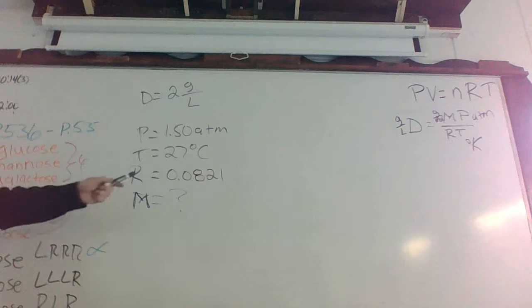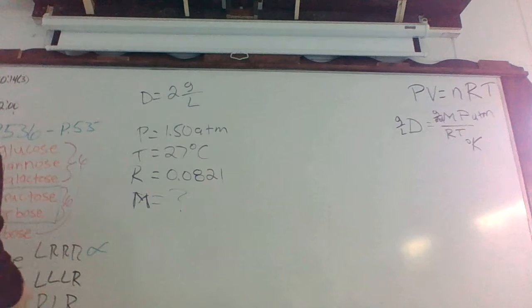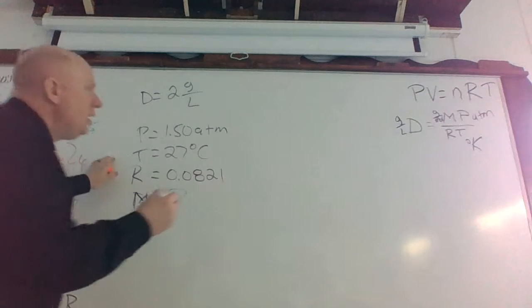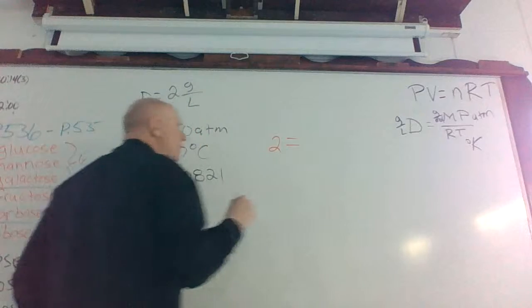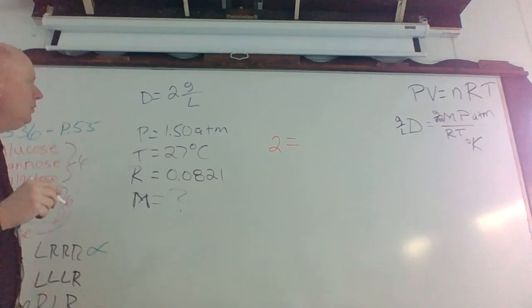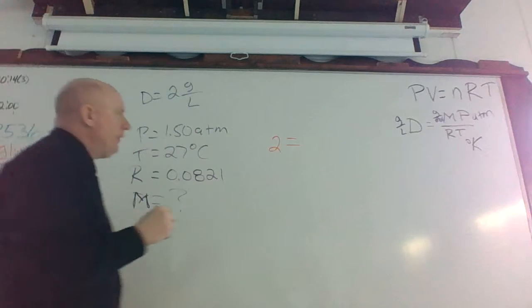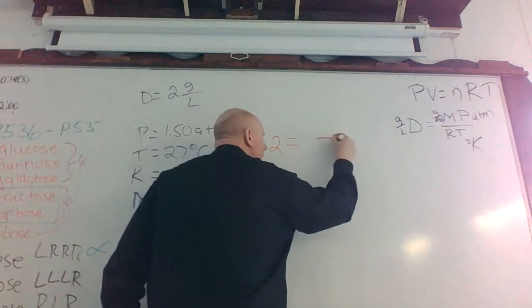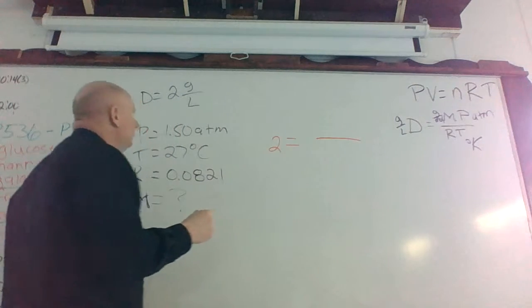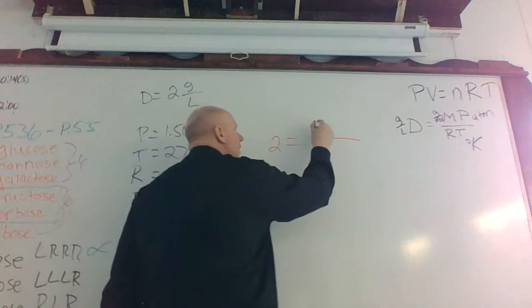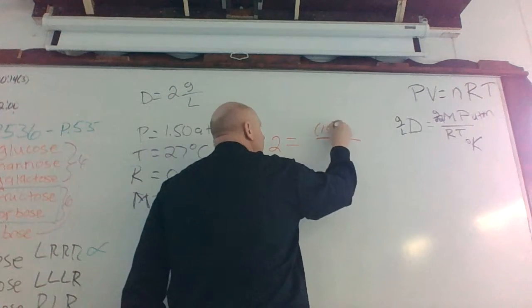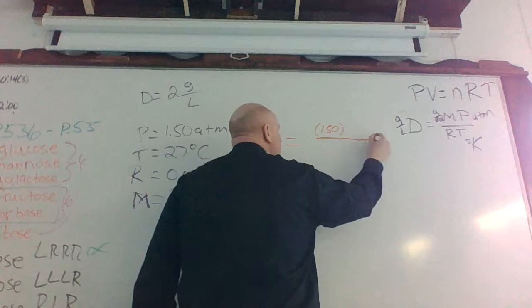So with that, do we need any further context? Because once you have it in this form, well then we want you to do what the formula tells you to do, which is set equal to what goes on top of that fraction. Okay, so we're going to take 1.50 times what?